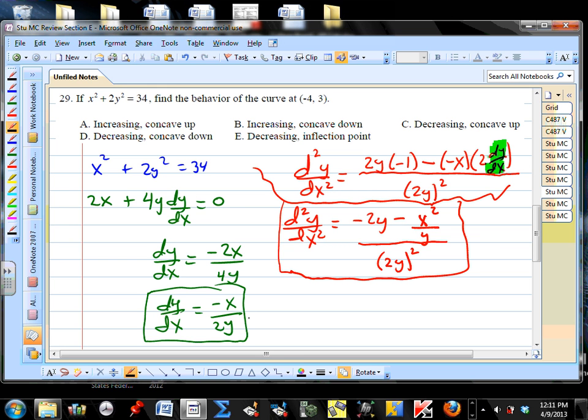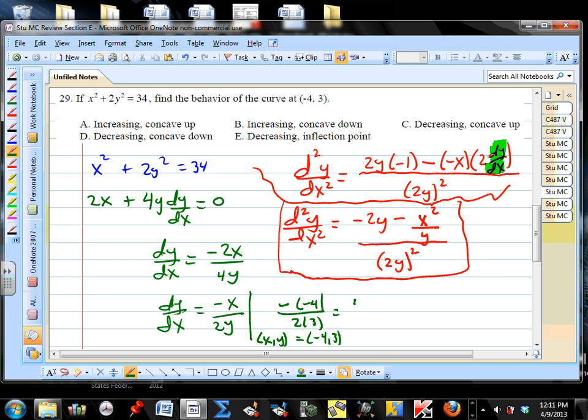Let's come back here and evaluate our first derivative when x, y equals -4, 3. So let's take a look here. If x is -4, we're going to have the opposite of -4 over 2 times y, 2 times 3.